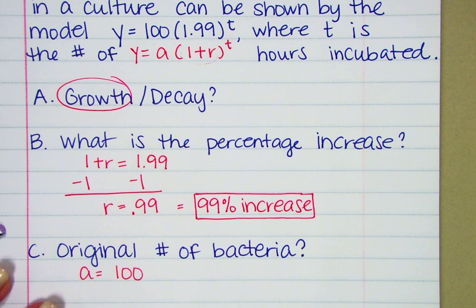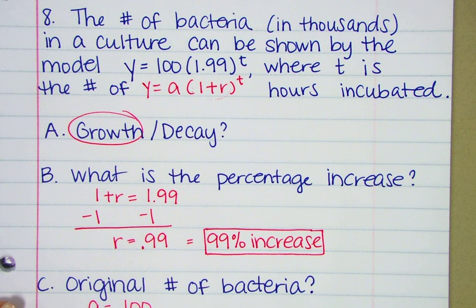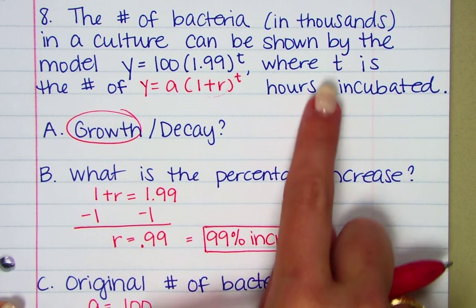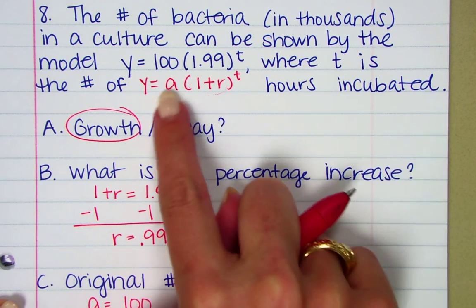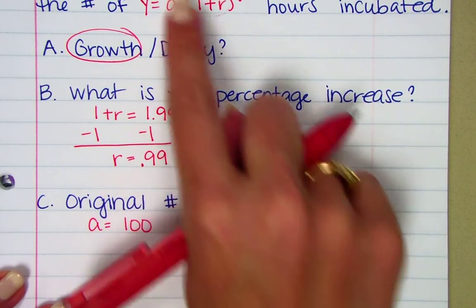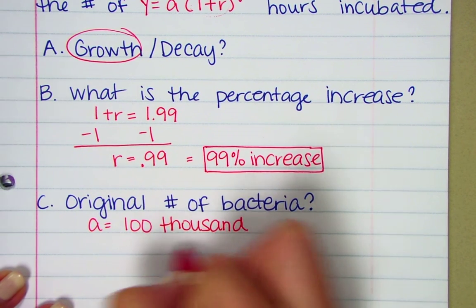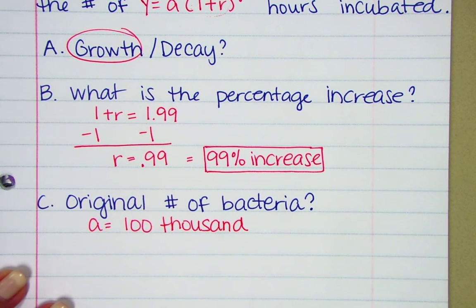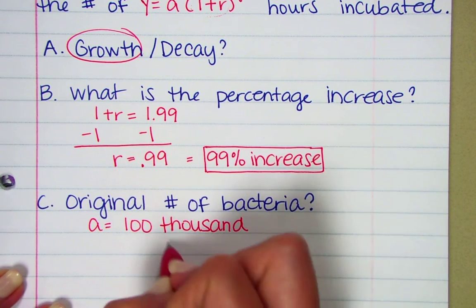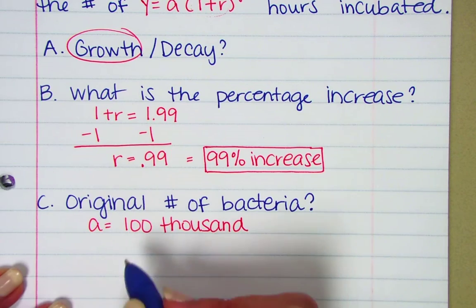What does it say? In thousands. That means that 100 is 100,000. The reason we do that is because if you put 100,000 in the calculator, I'll show you in just a second, it doesn't fit in the table very well. So it's easier to just do a smaller number, 100.